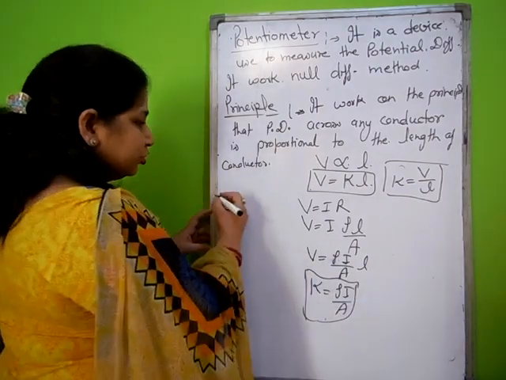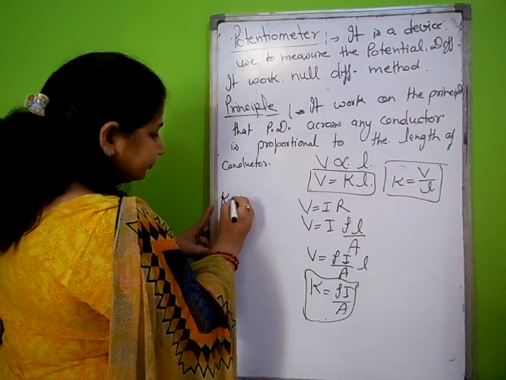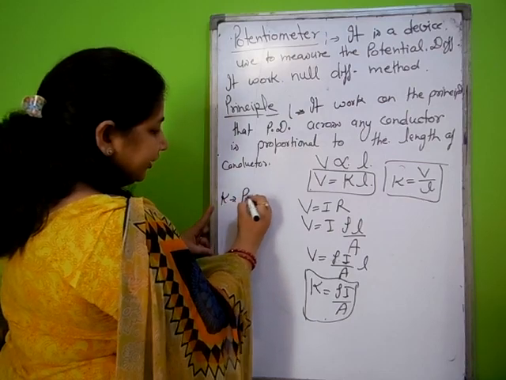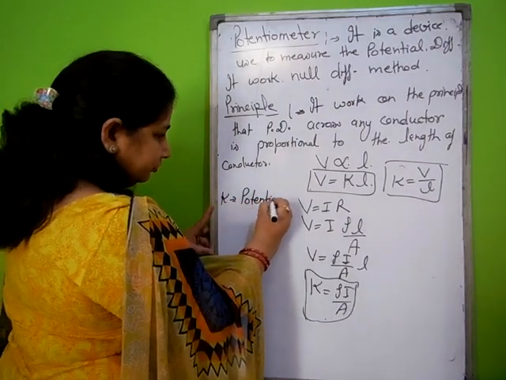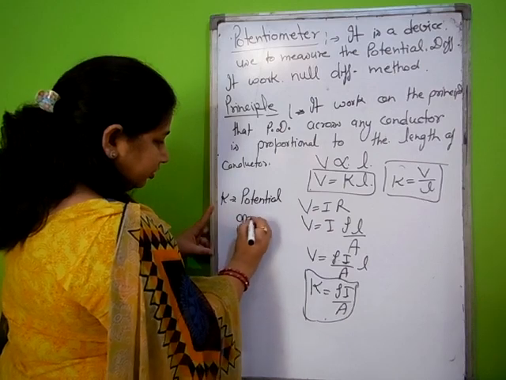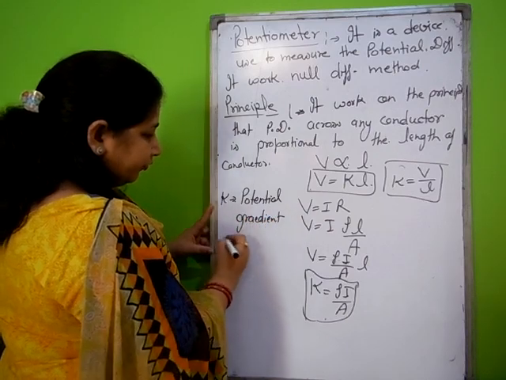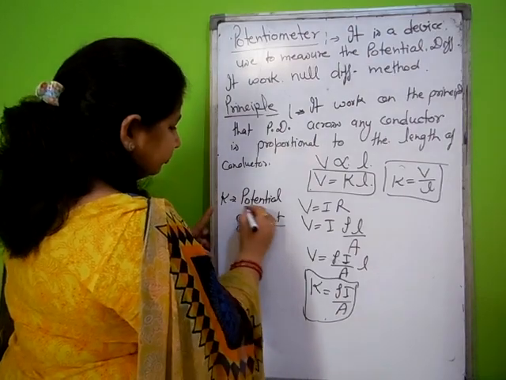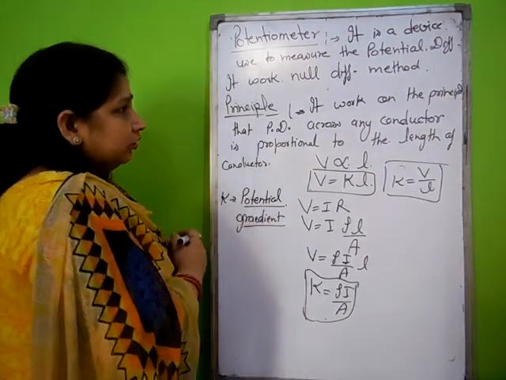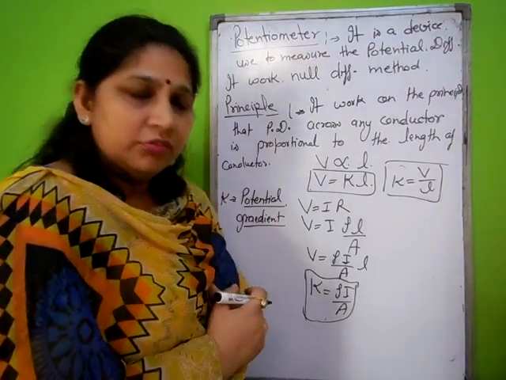And this K is the proportionality constant, known as potential gradient. Got it? On this principle it works.